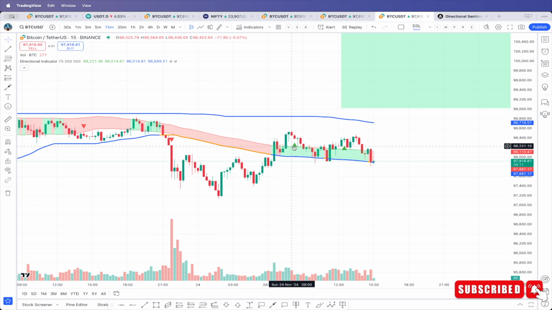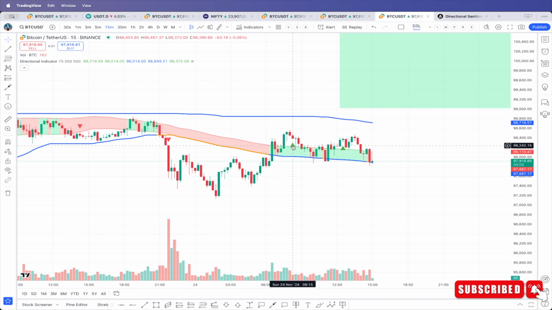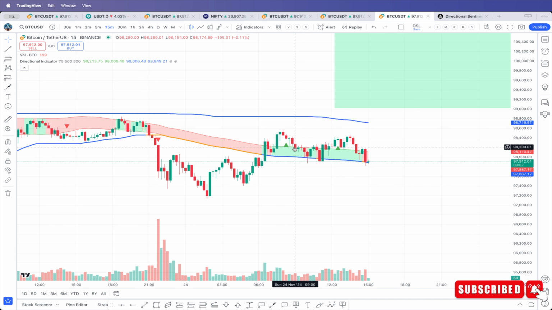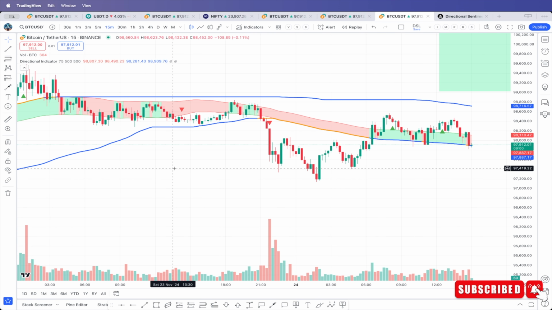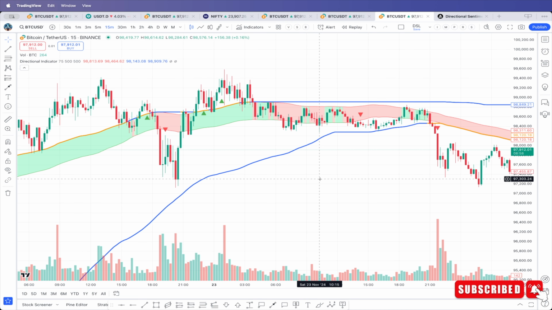When price closes above, it provides a green triangle for the buy, and sell when it is below this level. So in this condition, it provides a buy or sell signal. The up arrow indicates a potential buy opportunity after a crossover, and the sell signal is after a cross under.